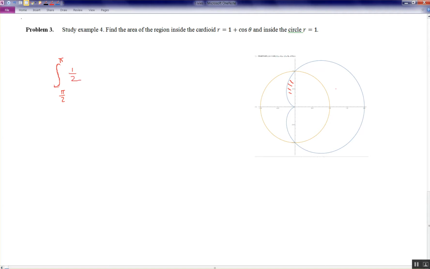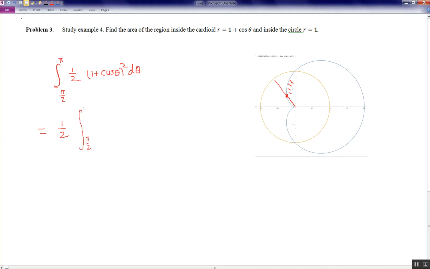Now again, when we draw one little slice, we can see that it's hitting this function. So 1/2 (1 plus cosine theta) squared d theta. And this is just that slice. It's not the whole region bounded by these two graphs. Now let's do some algebra here.